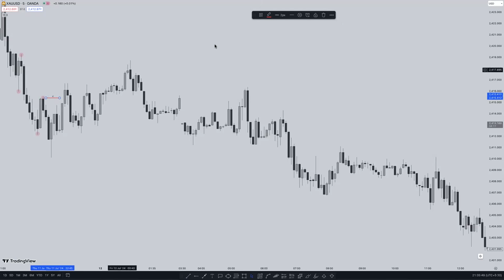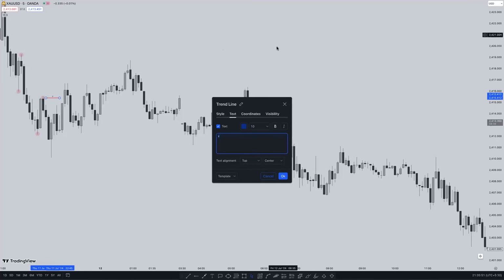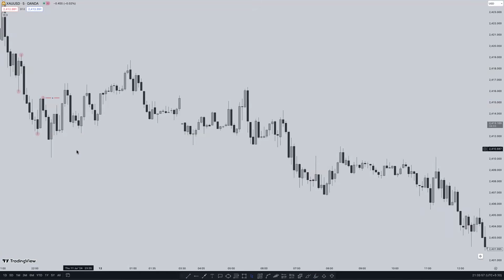This is our inducement right here. Why? Because market momentum is bearish and the market took out this inducement, and this becomes our next low here. After taking out the inducement, probably we are looking for the sell, right?